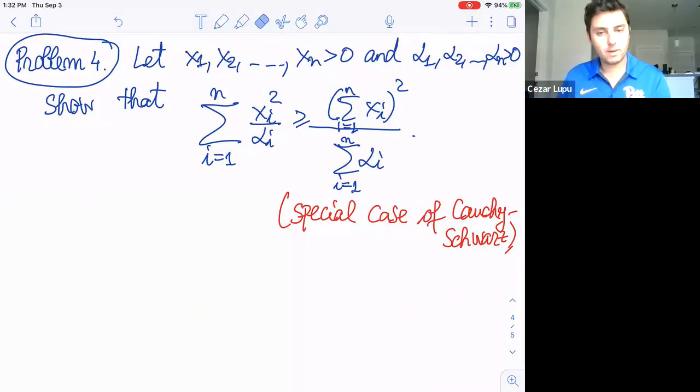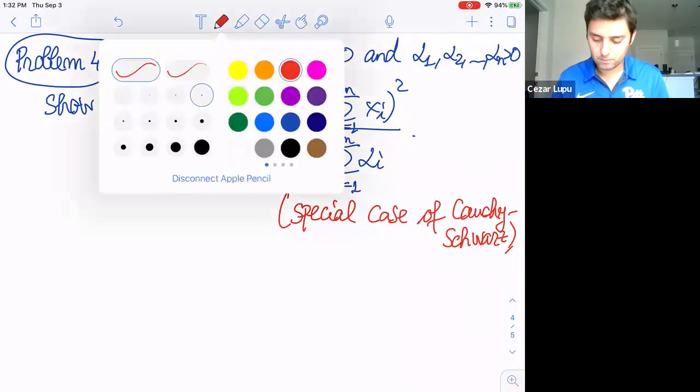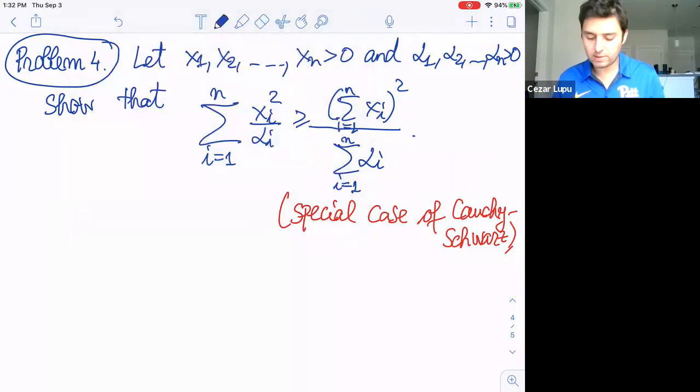So like I said, it's a straightforward induction, but now let's see how this is a special case of Cauchy-Schwarz. Well, let's rewrite this.